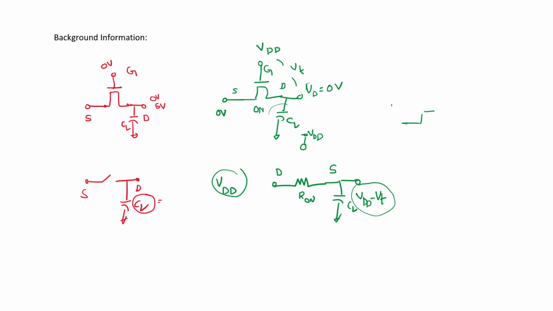So this capacitor charges until the voltage is VDD minus VT. From this we understand that when the gate voltage is VDD and VDD is applied at the input, at the output VDD minus VT will appear.